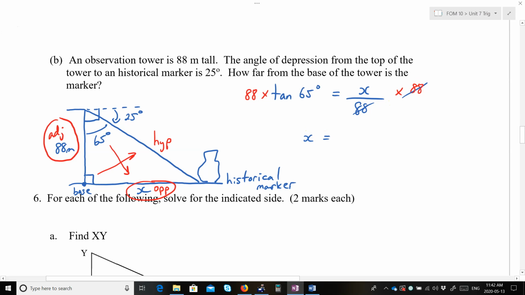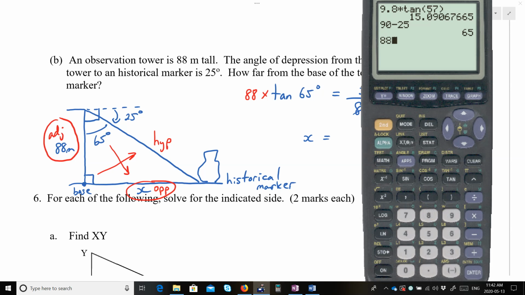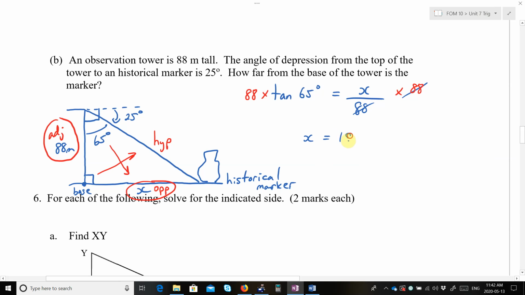And so x is equal to 88 tan 65, which is 188.7. That is going to be meters. So the marker is 188.7 meters away from the base of the tower.